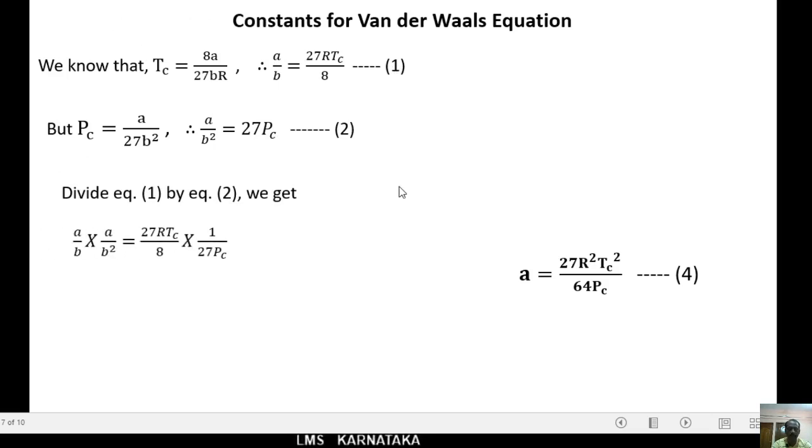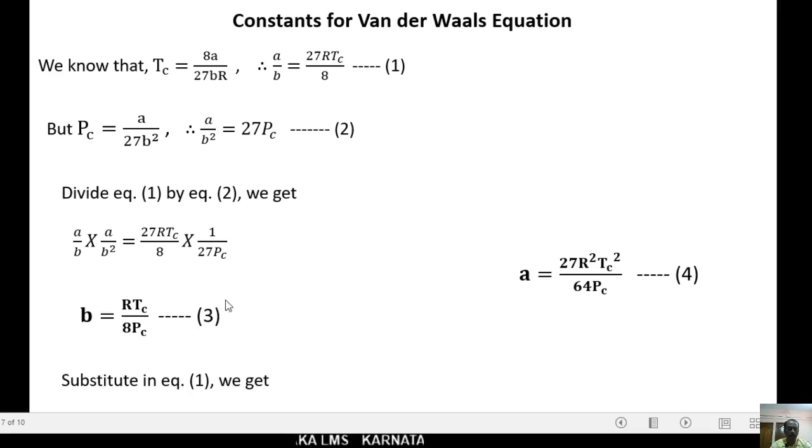We get here a upon b into a upon b square equals 27 RTc divided by 8 into 1 upon 27 Pc. Just you divide equation 1 by equation 2, we get this one. And further simplification of this one, we get b equals RTc divided by 8 Pc. Let it be equation 3.